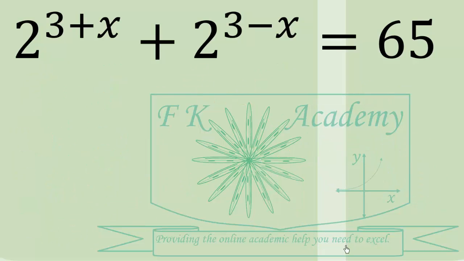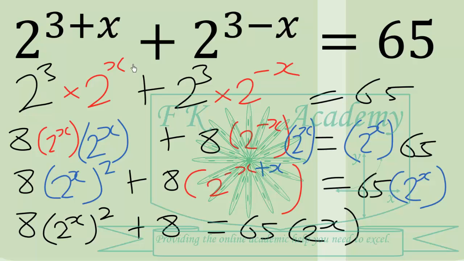So the whole thing is like a quadratic equation in 2^x. We have 8 times (2^x) all squared. So when we bring the 65 times 2^x to the left hand side, it becomes negative.